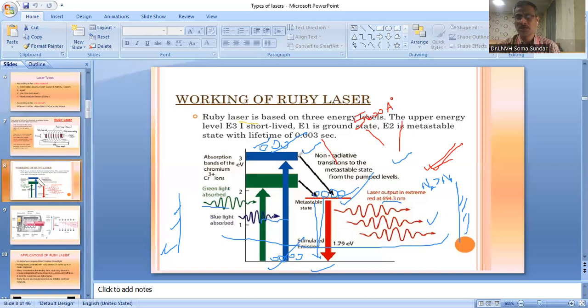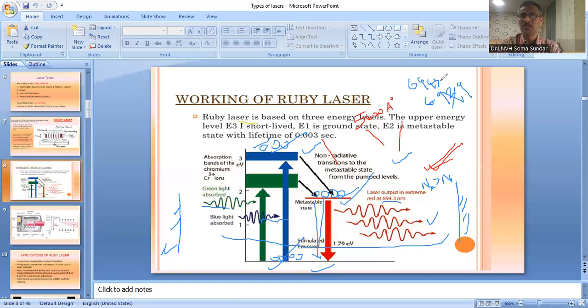The emission between one metastable state and the ground state will give us a wavelength of 6943 angstroms, and the other transition between another metastable state and the ground state will give us a wavelength of 6929 angstroms. This wavelength is completely filtered, and we only allow the wavelength 6943 angstroms to come out as a laser beam.